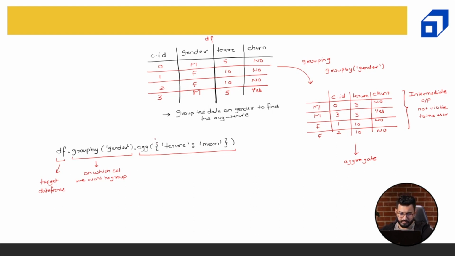Please remember, here you can carefully observe we have a dictionary. This dictionary is having the key as the column name on which you want to perform the aggregation. Then value is the aggregation function.